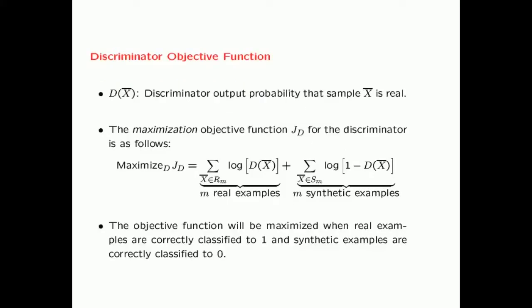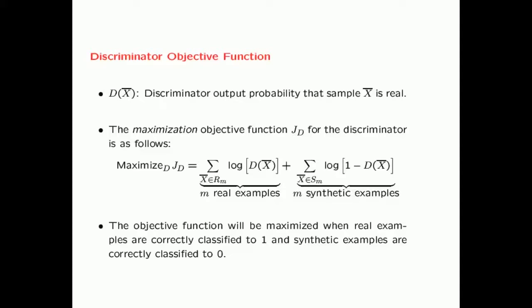Now let's look at the discriminator objective function. The discriminator is essentially a classifier. So D(x) is the discriminator output probability that the sample x is real. You have this mini batch of m real examples and m synthetic examples.